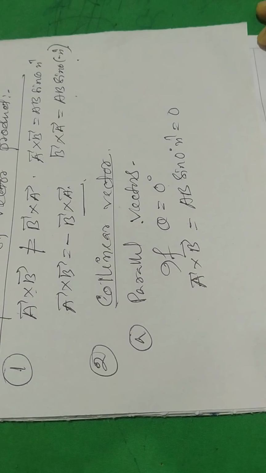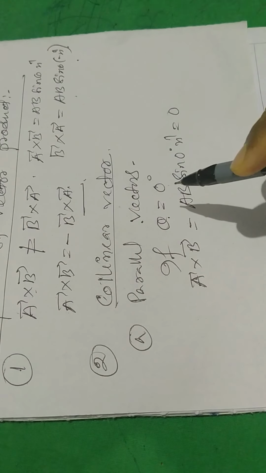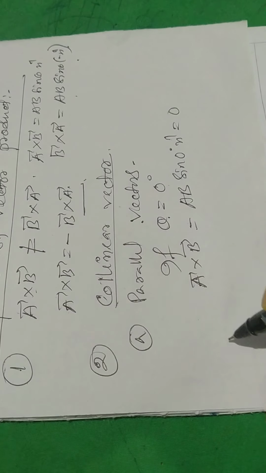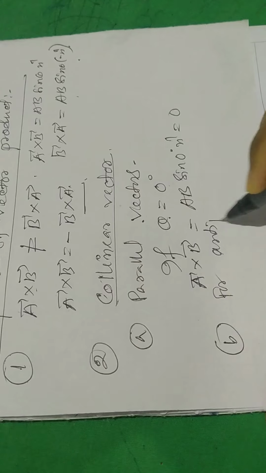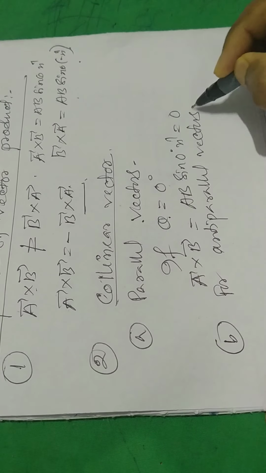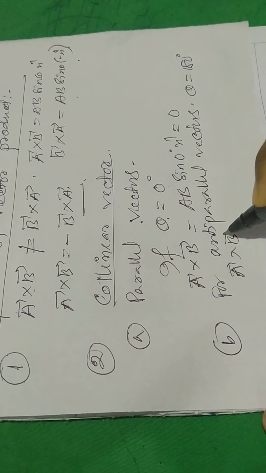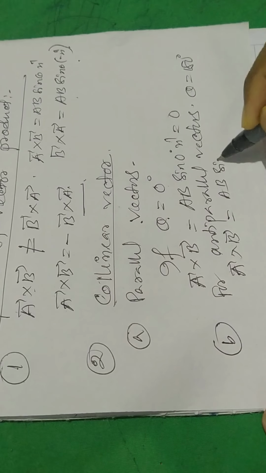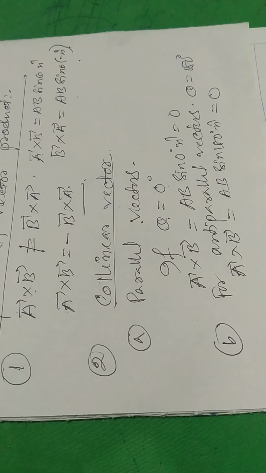So the cross product of two vectors is 0 if the angle is 0, if both are lying in the same direction. Next, for anti-parallel vectors, theta is 180 degree. Again, sine of 180 degree is 0, so the cross product of anti-parallel vectors is also 0.